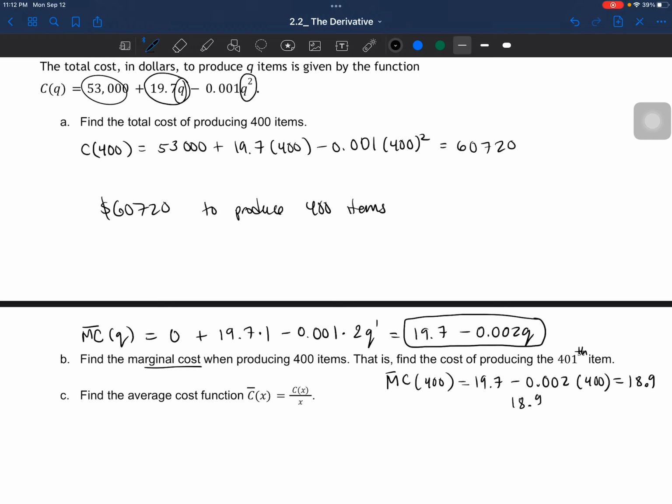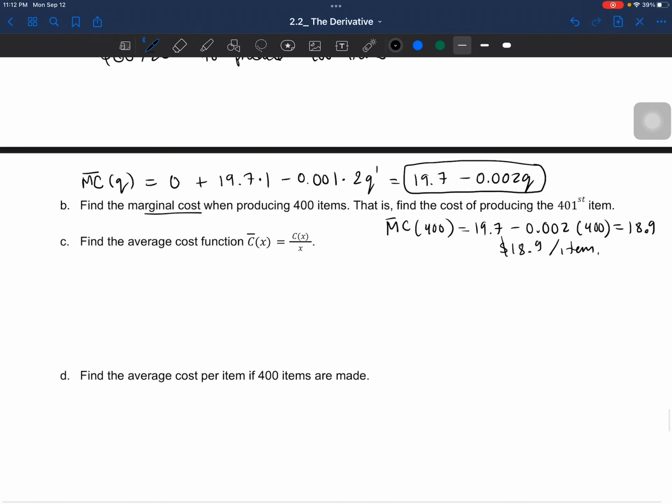So it costs $18.9 per item. It's going to cost 18.9 per item for producing the 401st item.